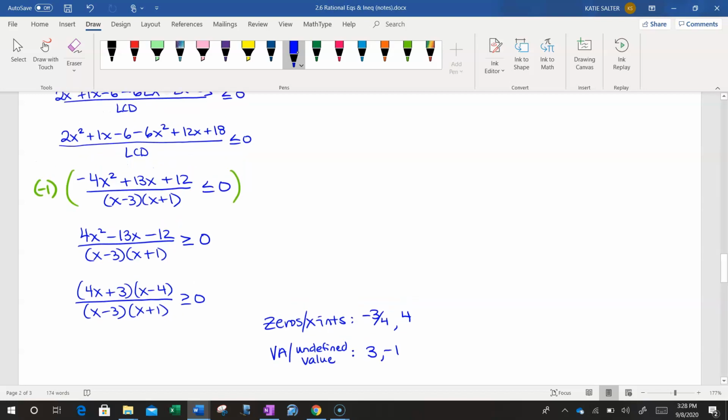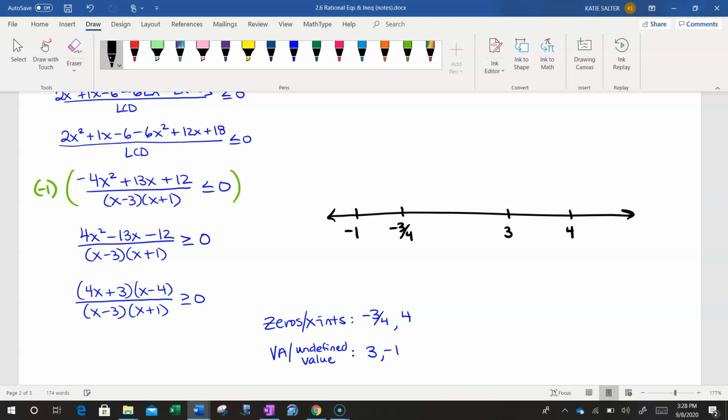So we need to put these numbers in order on our number line. Well, this one's going to be a big one. So from least to greatest, we have negative 1, and then we have negative 3/4, and then we've got 3 and 4. Now here's the difference on this one.